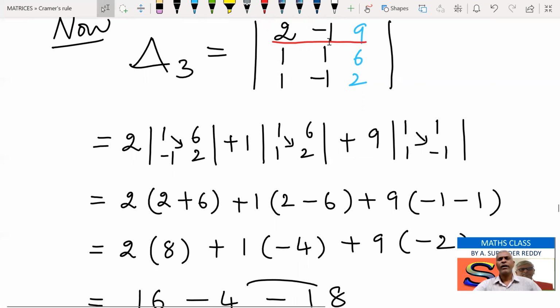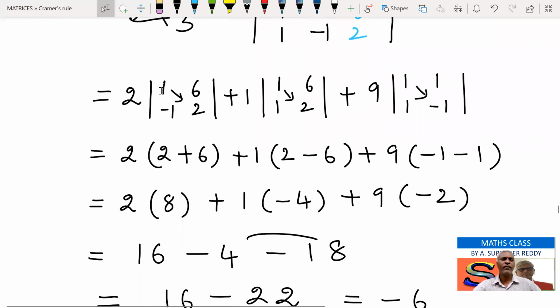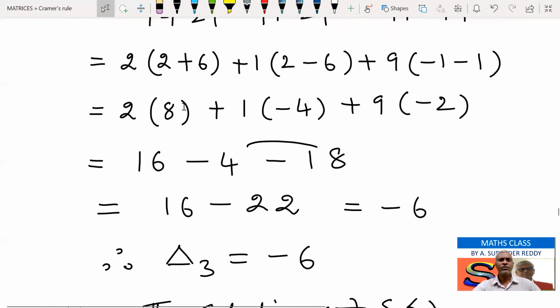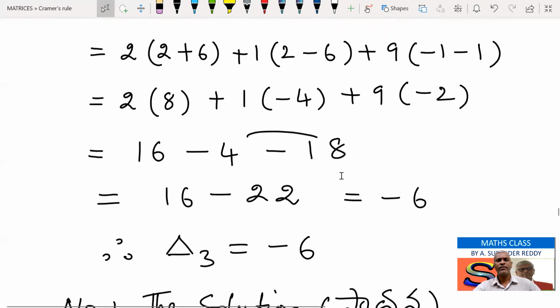Minus 1, leaving the 2 numbers below, the remaining 4; 9, leaving the 2 numbers below, 6 2, the remaining 4. Then simplify: 1 2 into 2, 6 1 into 6. So minus 6 comes, minus into minus becomes plus. 1 2 into 2, 1 6 into 6, 1 1 into minus 1, 1 1 into 1. 2 8 into 6 plus 2 8: 2 minus 6 minus 4 minus 2. 2 8 is 16, 1 minus 4 minus 4, 9 into minus 2 minus 18.